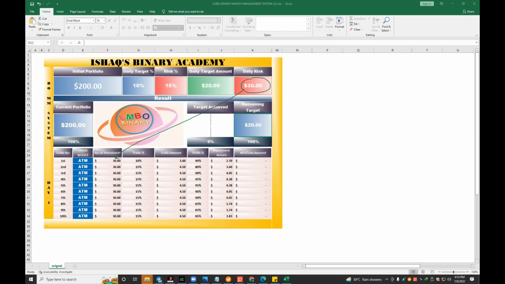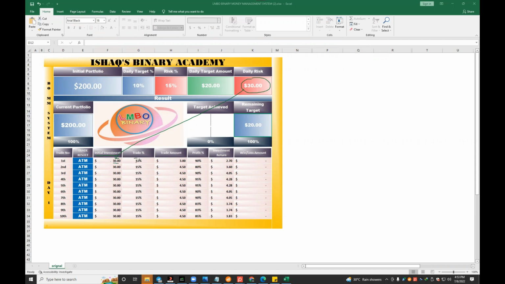For today, this will be your initial investment. So we are not taking full risk on the 200 USD, but this is today's risk, and that is your initial investment. After that, you need to decide what percent of the $30 you are using.